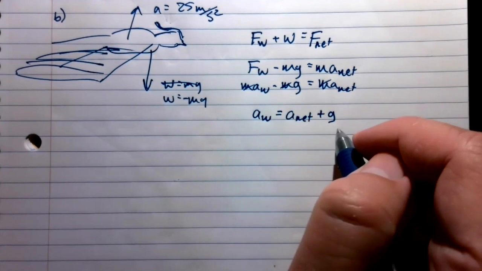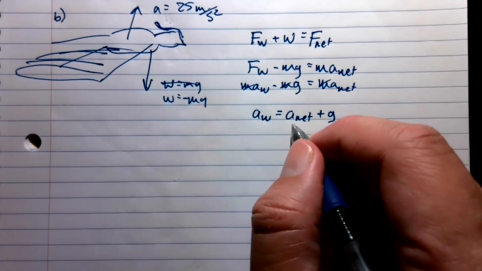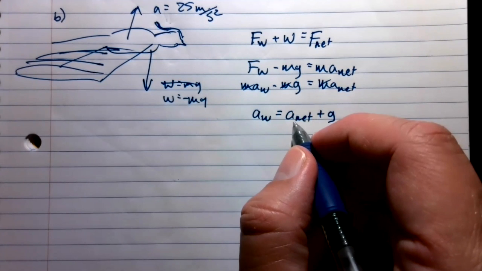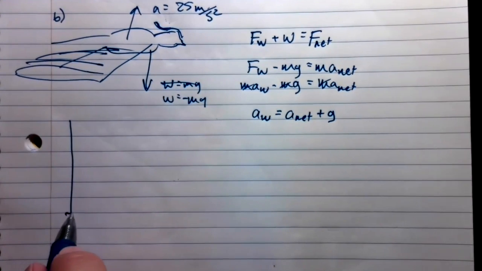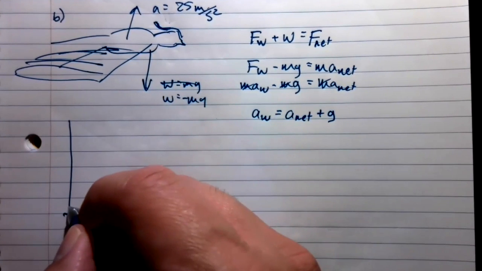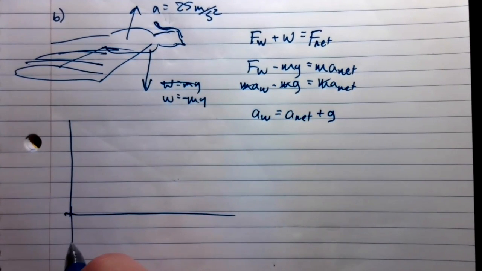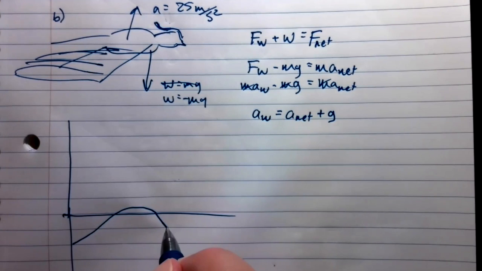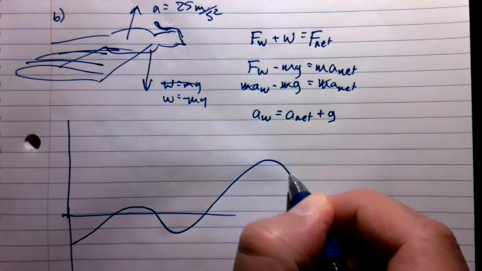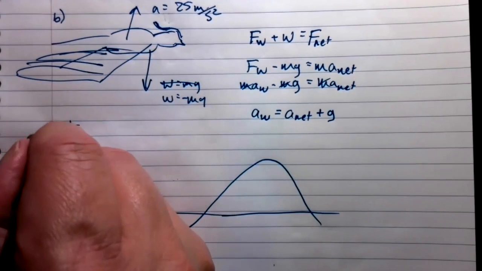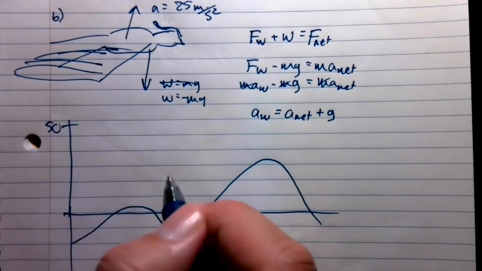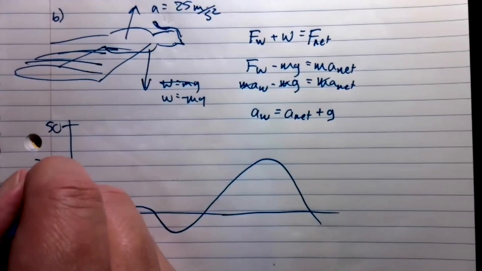So now we can see that a net, the maximum acceleration from our plot, which looked a little something like this. Here is the plot, and this one up here was 50, and then right about here, we're going to call that 25.